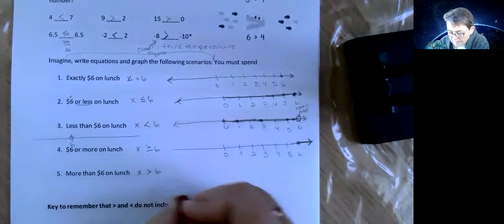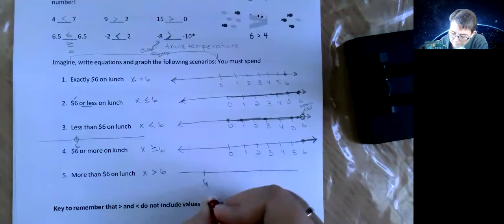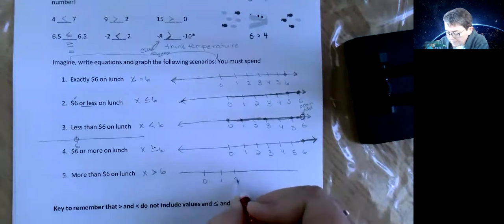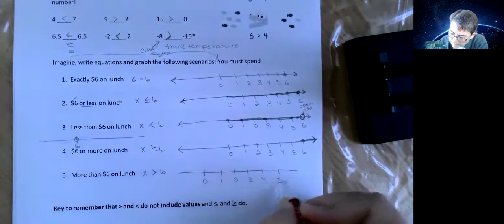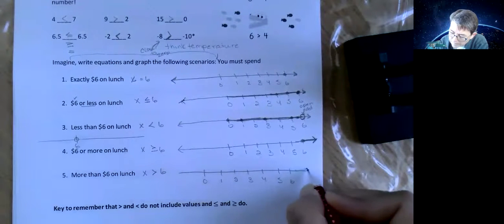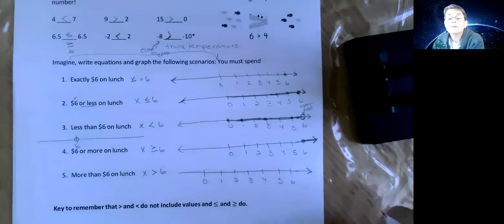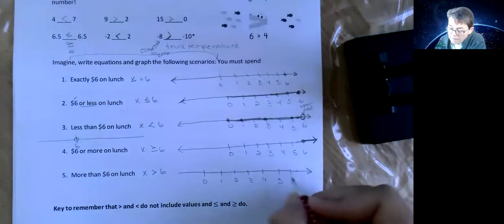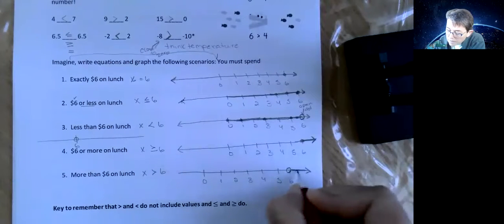X is greater than 6. So how do we show we have to spend more than 6? 6 is not part of our answer, so you put a circle around that number, and then you draw after that.